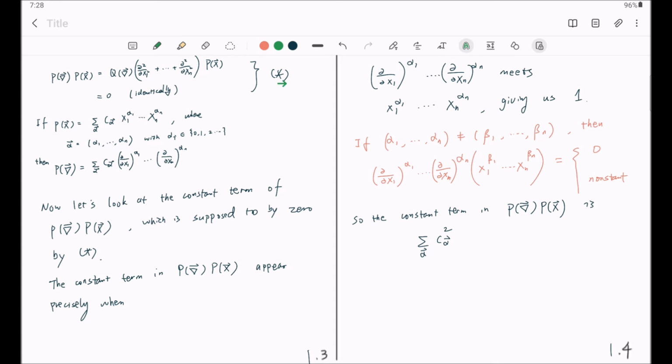But you know from star that the summation must be 0, because the C sub alphas are all real constants, which forces each C sub alpha to be 0. Hence, P here must be 0. And we are done with this proof.